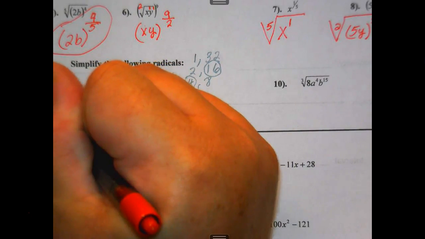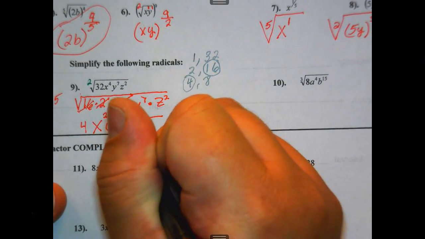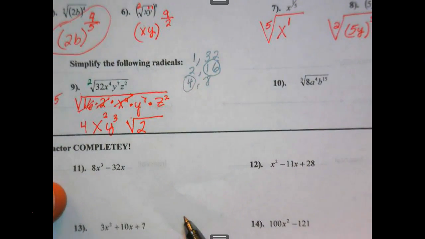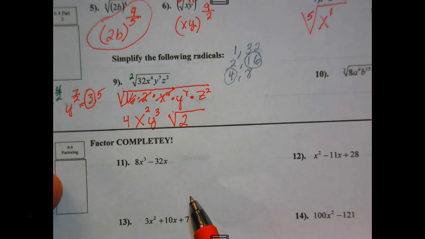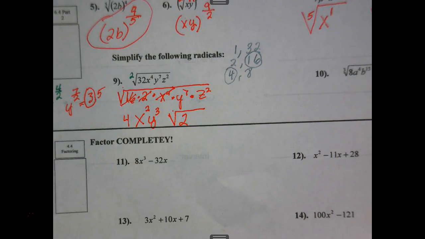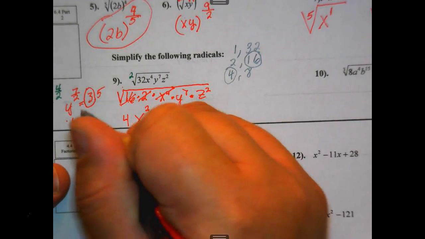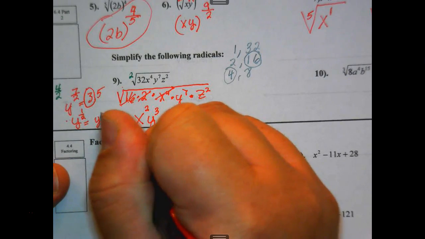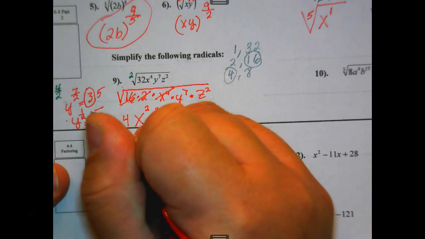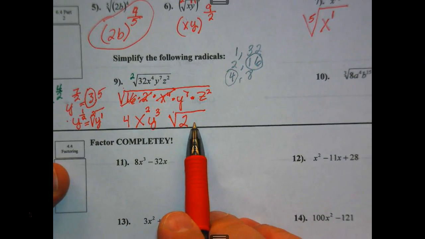Okay, so the whole number comes out with my y, and I still have a little bit left over. What's, oh, I'm sorry. What's 0.5 as a fraction? 1/2, right? So if I think about this, y to the 1/2, that's y to the exponent 1 square root. So I need to put that y to the 1st under the square root.